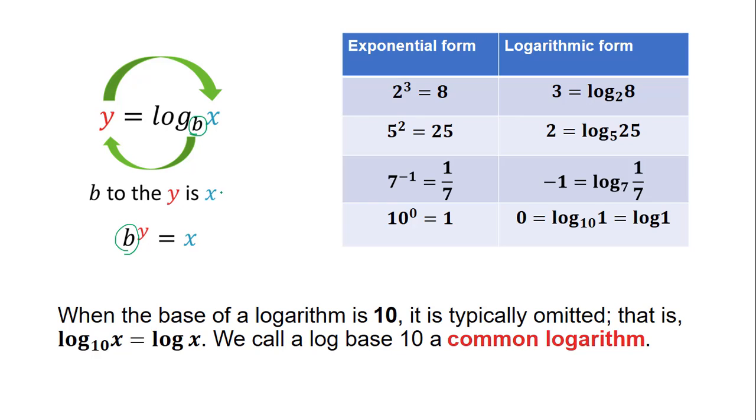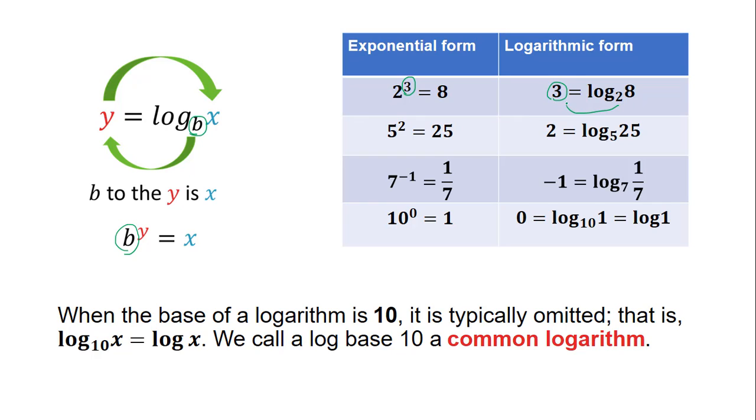So here are some equivalent expressions that we can look at. We know that 2 cubed is equal to 8. So in log form, we're trying to write a logarithm that states that 3 is the exponent of 2 that gives us 8. So we can write this as 3, right? The exponent is what a log is always equal to. 3 is equal to log to the base what? Well, the base was 2. 3 is equal to log to the base 2 of 8.